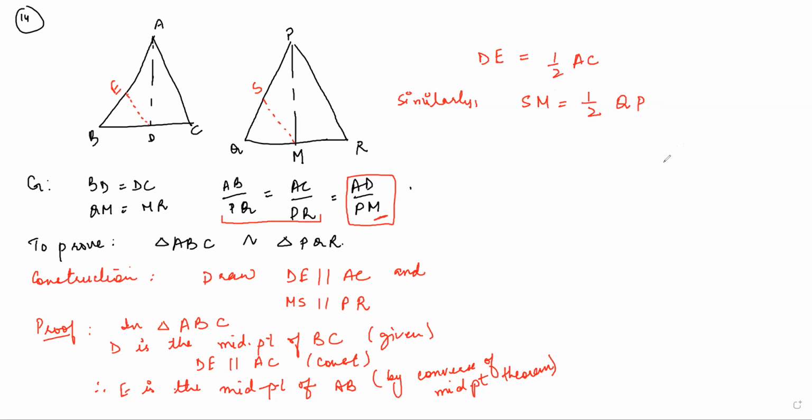So Martin, you have not asked me one question. Why have I written DE is equal to half of AC? Because E is the midpoint of AB, and I have written DE is equal to half of AC. Why?